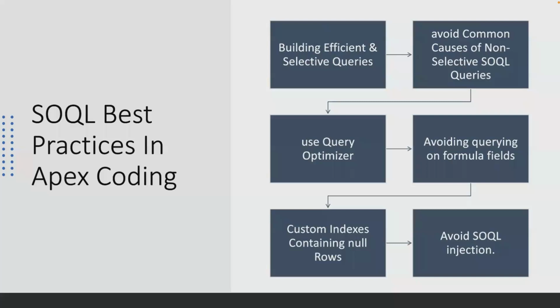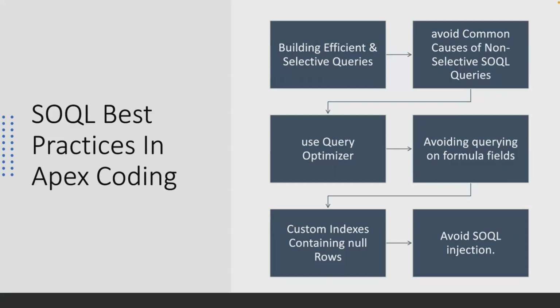Next, there are some best practices to use SOQL. Whenever we are querying with SOQL, we should have a good idea of what filters we can use, so that our main query data set is very small and we can do operations on it.